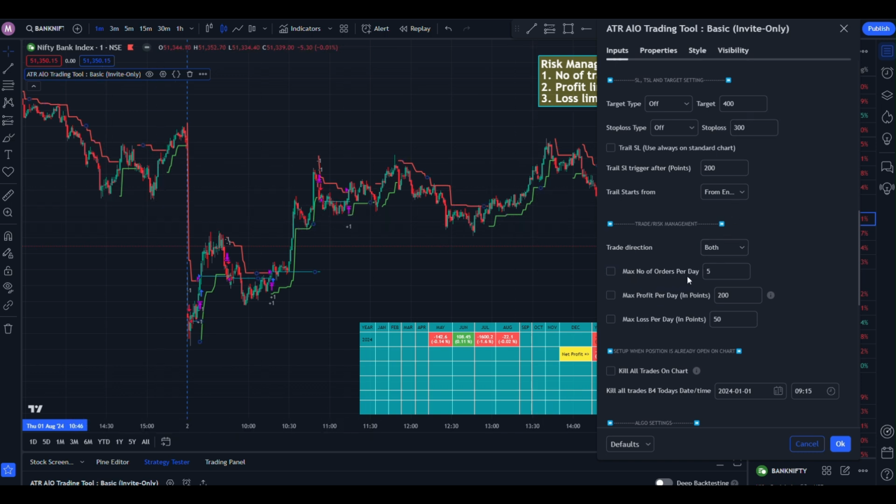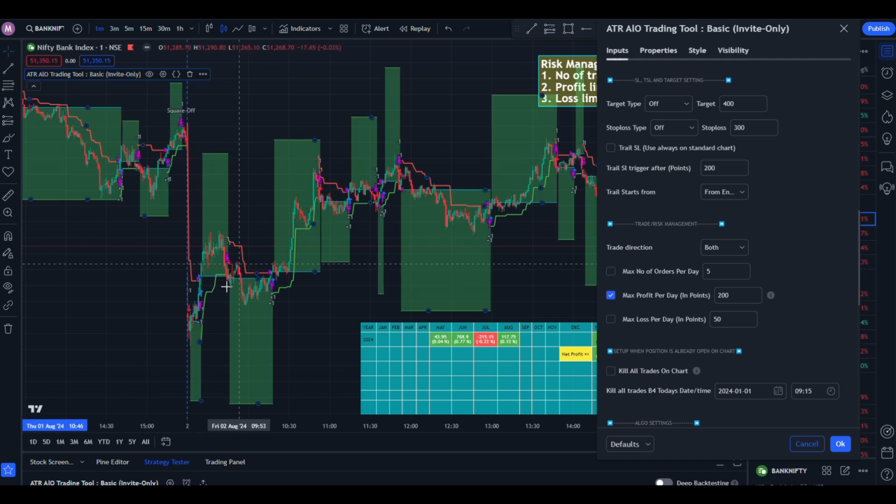Now suppose you want to control via the profit in points. Suppose I want to capture 200 points per day, so when I click here, it counts the points for every trade. Suppose this trade happened, it will exit somewhere here at 200 points.